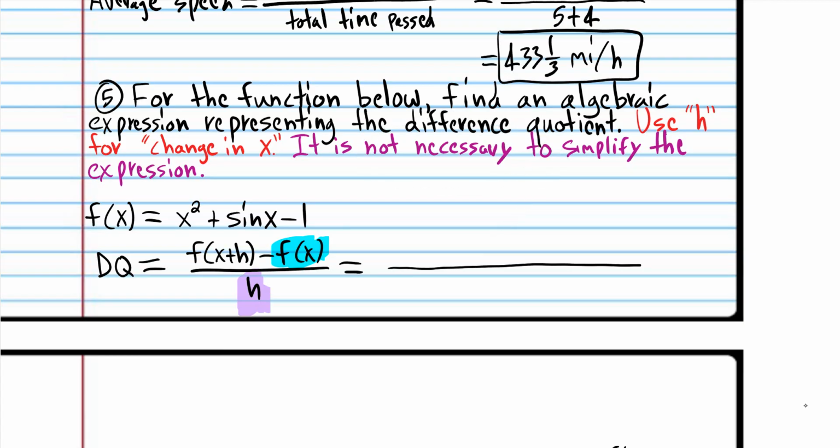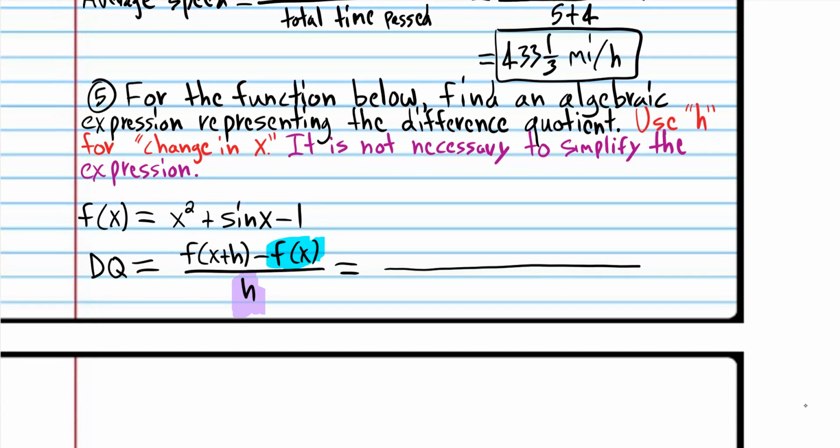So all we have to do is just write an expression without really having to simplify. So h is the easy part. I'm just going to rewrite that. F of x is a fairly easy part because all that is just rewriting the expression as they gave it to us. x squared plus sine x minus 1. So that was really easy. That was just f of x.